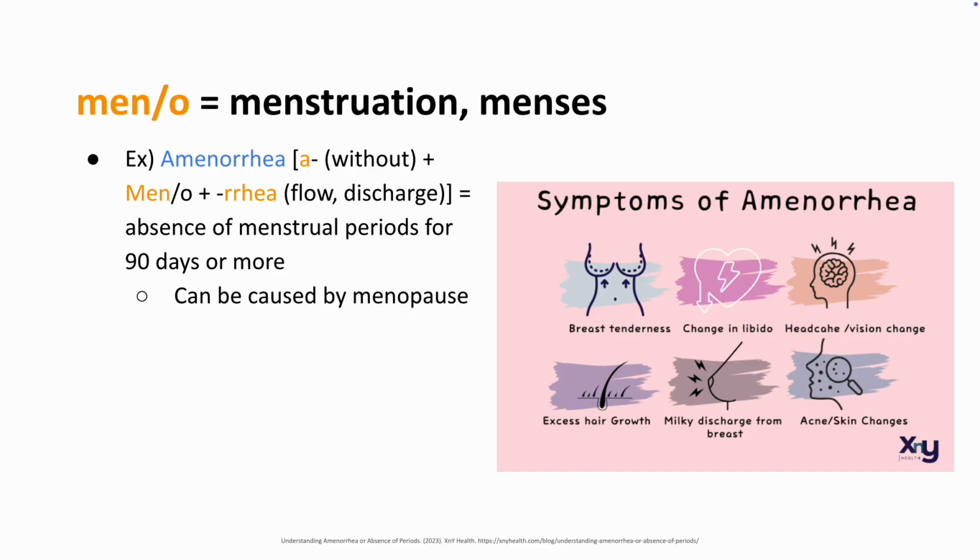So amenorrhea is absence of menstrual discharge or menstrual periods for 90 days or more. And this is kind of different from menopause. So it can be caused by menopause, but not all amenorrhea is menopause.